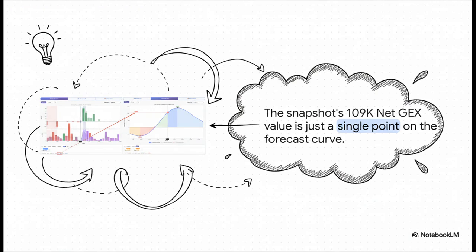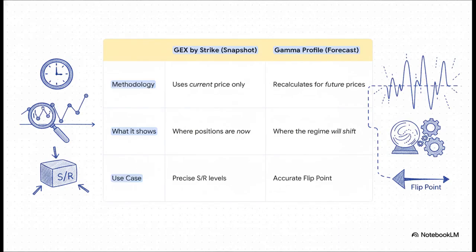And check this out, because this is the real aha moment. That net GEX value you see in the snapshot is literally just a single point on the much bigger Gamma Profile forecast curve. The snapshot tells you the GEX value at the current price, but the forecast shows you the entire landscape of what could happen. They're not two different stories, they're two parts of the same story. So let's break this down one more time really simply.